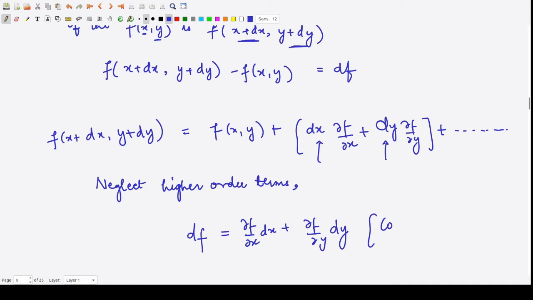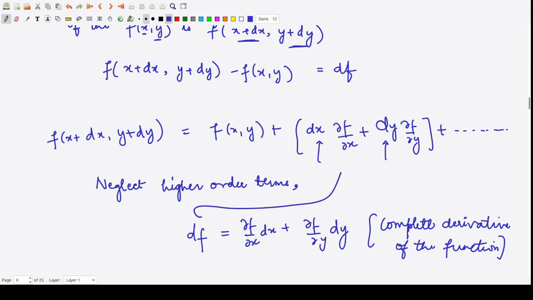So we can replace this quantity by df here, and that's how you obtain this particular expression.